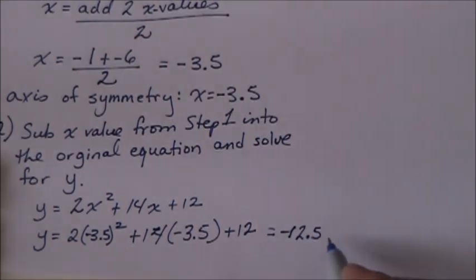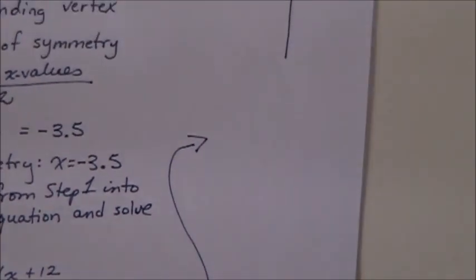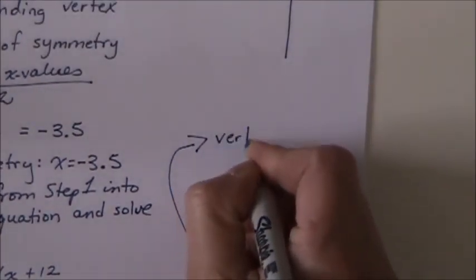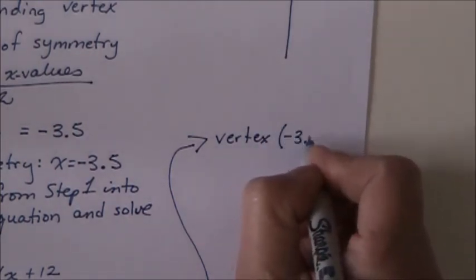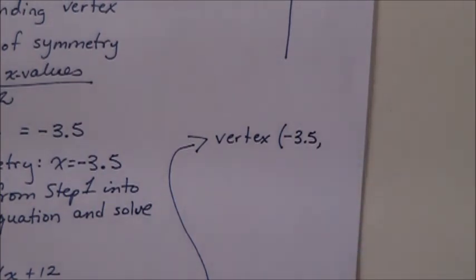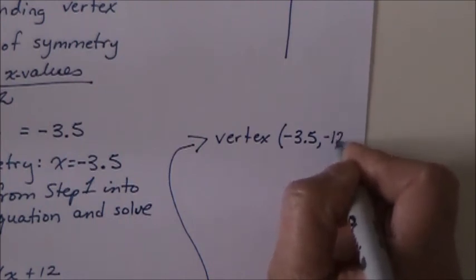So what that tells us is that our vertex is negative 3.5 from step 1, and the y value is negative 12.5.